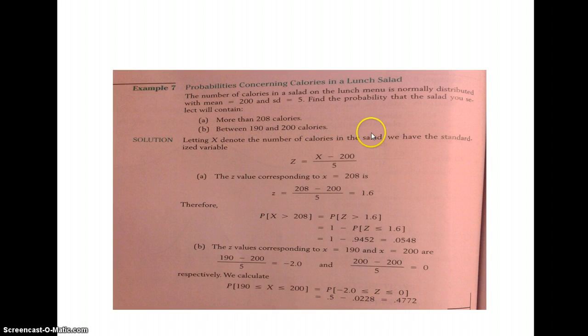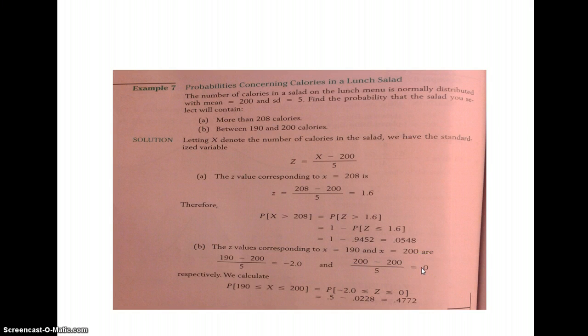between 190 and 200. So we change these two numbers to z values. 190, plug into the standardized variable formula. So 190 minus 200 divided by 5, we get negative 2.0, and then 200 minus 200 divided by 5 is 0.